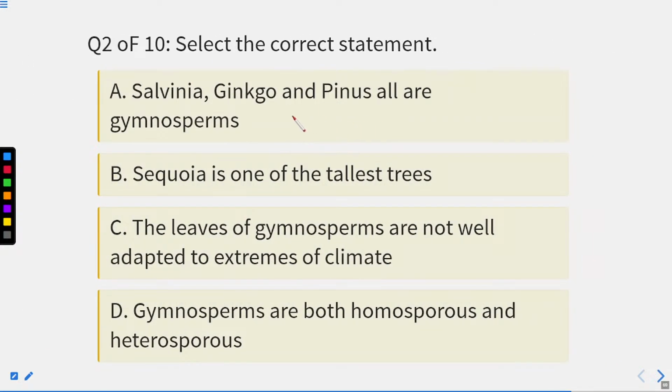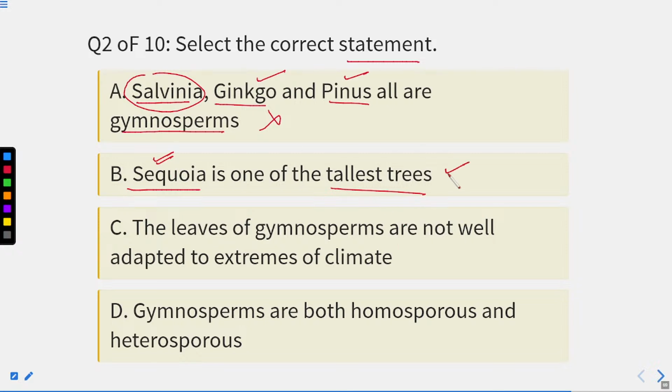Second question. Select the correct statement. Salvinia, ginkgo and pinus are all gymnosperm. Ginkgo and pinus are gymnosperm, but Salvinia is a pteridophyte, so this is incorrect. Sequoia is one of the tallest trees. Yes, sequoia is the tallest tree in fact. This belongs to the gymnosperm.